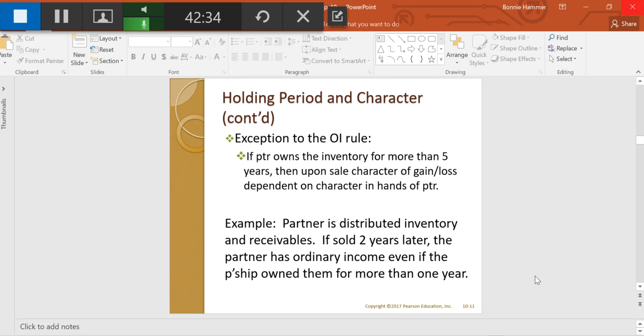So there's an exception to that ordinary income rule. If the partner owns the inventory, and the ordinary income rule exception only applies to a distribution of inventory, and inventory is ordinary income property, okay? So know that about inventory. It's not a capital asset, it's ordinary income property.